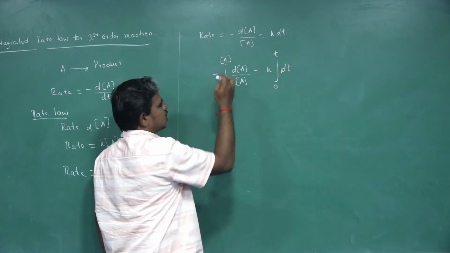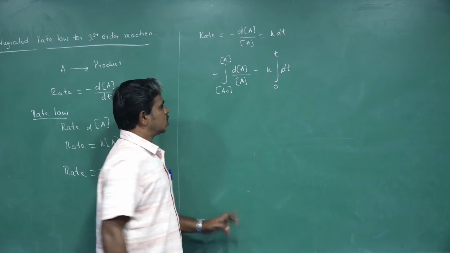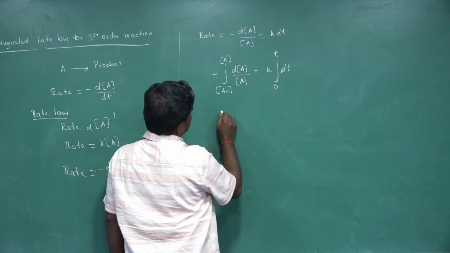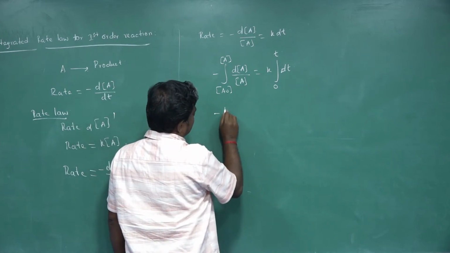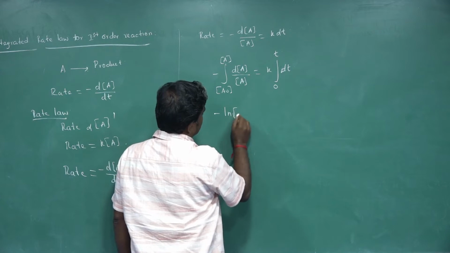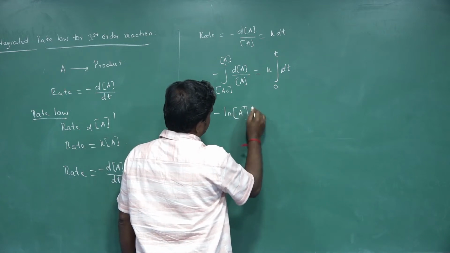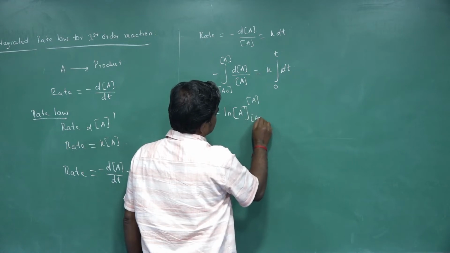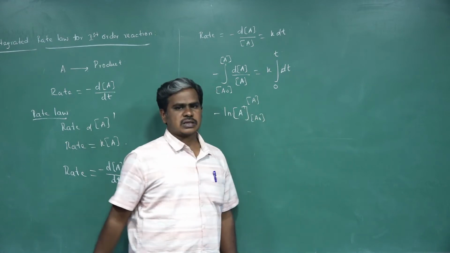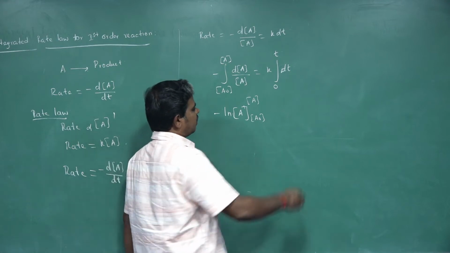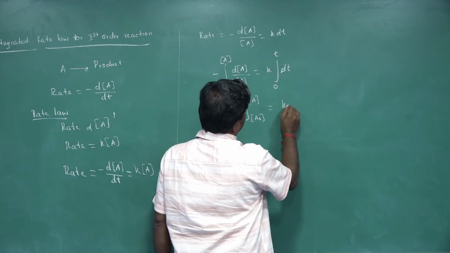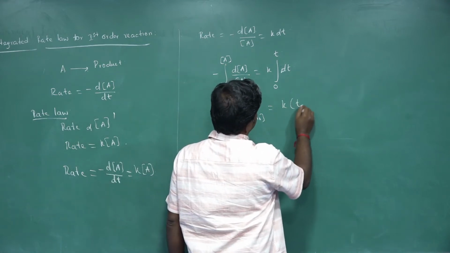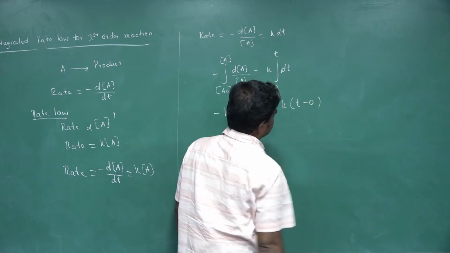Now the integration and the differential cancel out. So we get minus natural logarithm of concentration A between the limits A and A naught, which is equal to K times t minus 0.